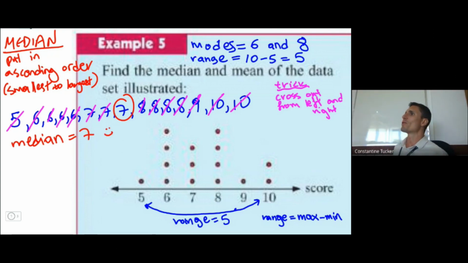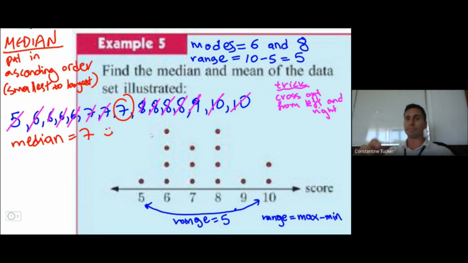So how do we find the median? We always put them in order from smallest to largest, and then we cross out from left and right until we see what's in the middle. If there's one number in the middle, that is the median. If there are two numbers in the middle, say a 7 and an 8, then we add them and divide by 2.